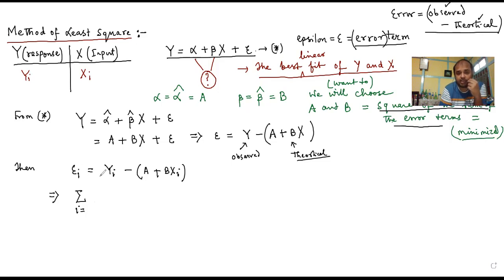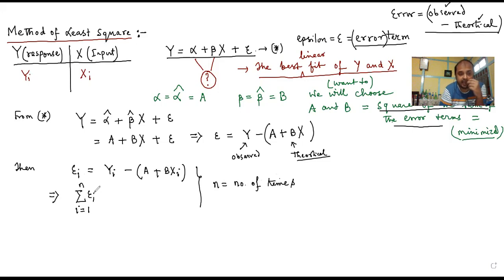Since here in general I'm going to repeat the experiment on the basis of the response variable y and on the basis of the input variable x several number of times, we consider that number of times to be small n. So here the number of times is small n. N number of times I'm going to repeat this experiment. So I will run my subscript i from 1 up to small n.